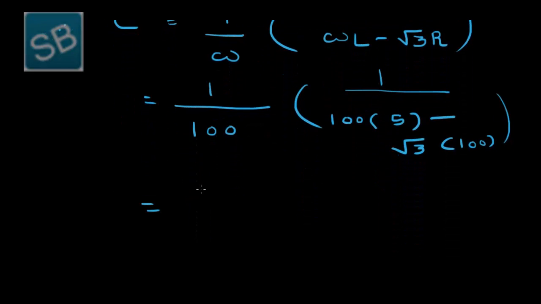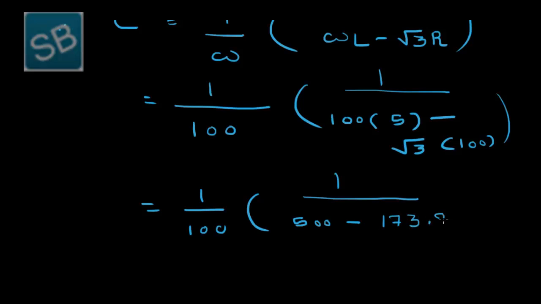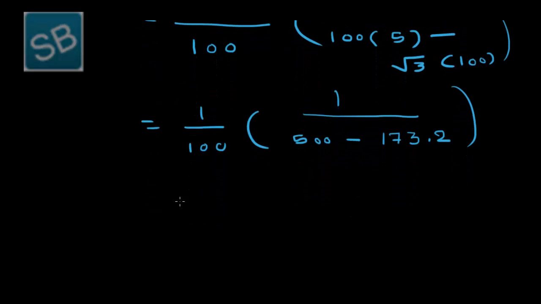Which is equal to 1 over 100 into 1 divided by 500 minus, if you simplify this, root 3 is 1.732, so it is 173.2 because 100 was in the multiplication.